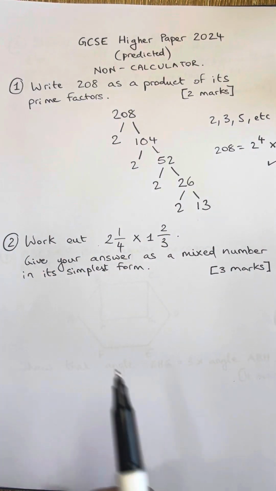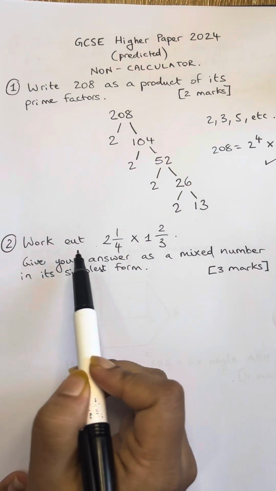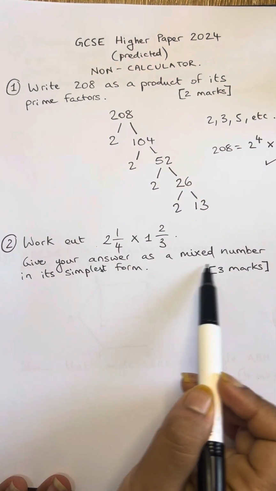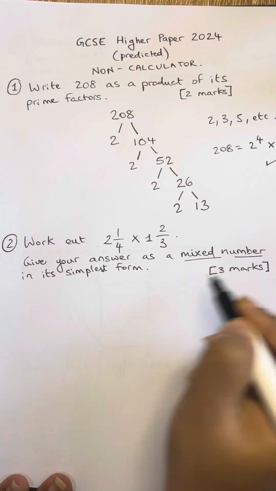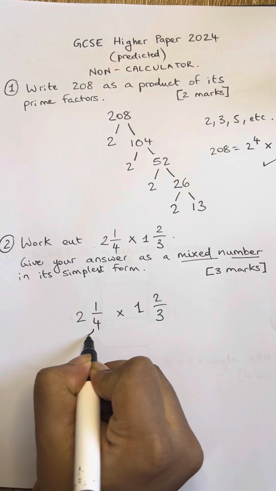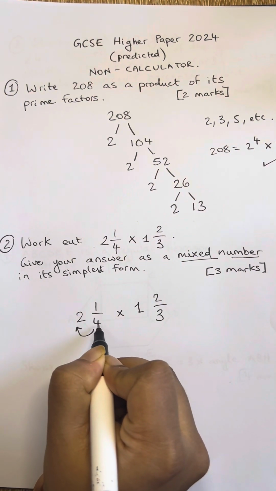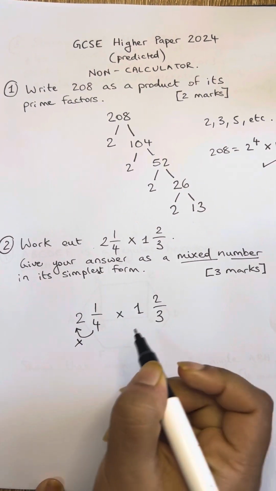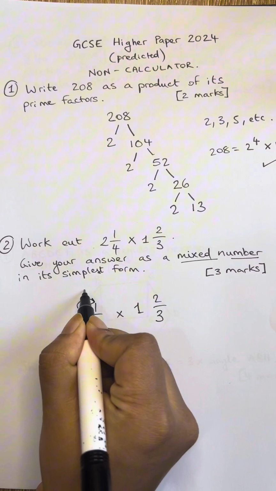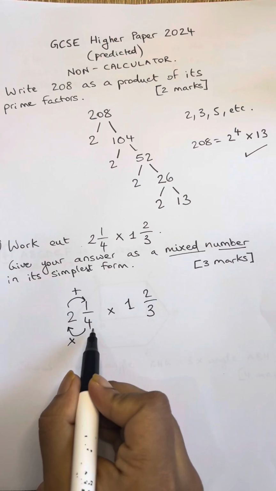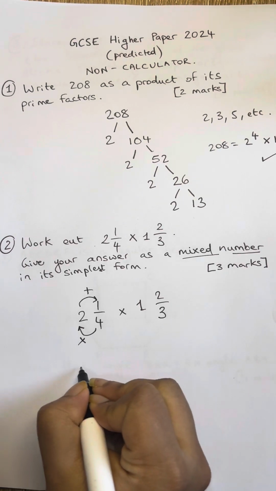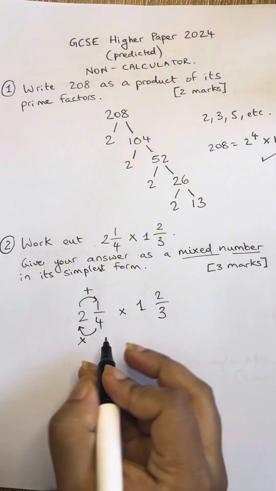Moving on, the next question is asking you to work out this mixed fraction multiplication, giving your answer as a mixed number in its simplest form. I know that this 4 is going to be multiplied and then added in a mixed fraction. So it's going to be 4 times 2, which is 8, plus 1 is 9.